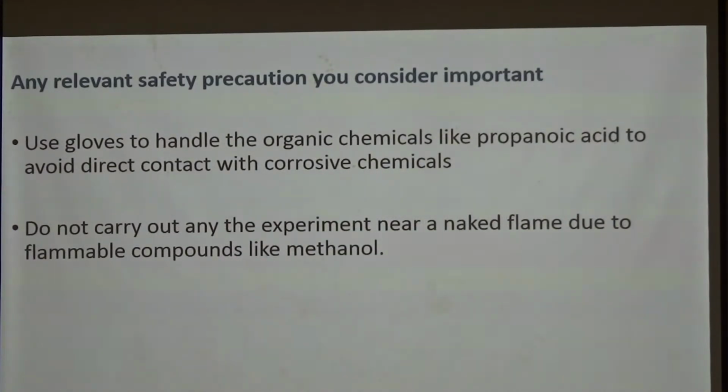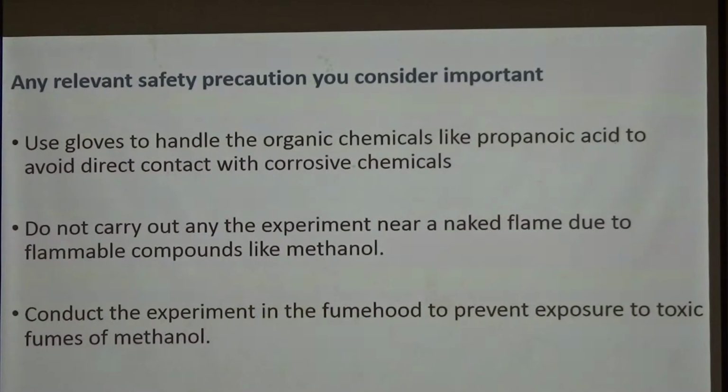That's also given in the table. Conduct the experiment in a fume hood to prevent exposure to toxic fumes of methanol. If you breathe in too much methanol, it will cause some form of damage to your brain, and prolonged exposure will also hurt your eyesight.